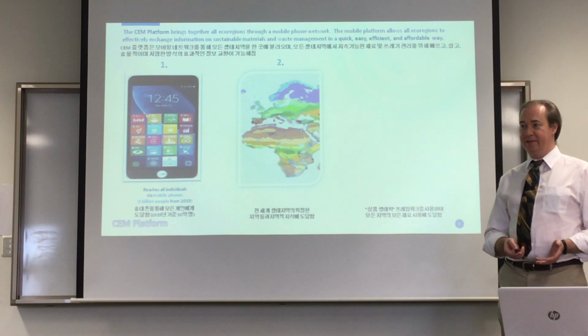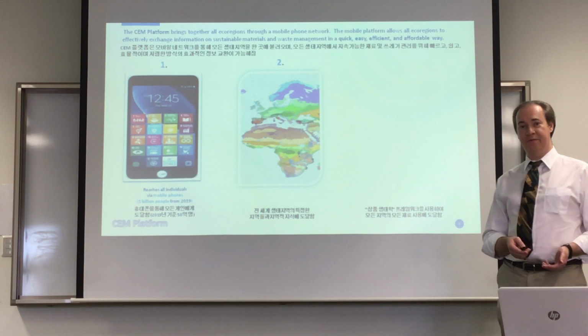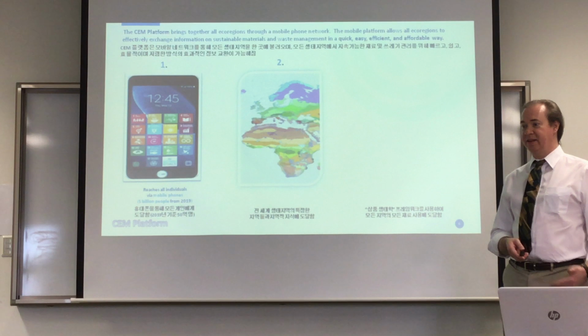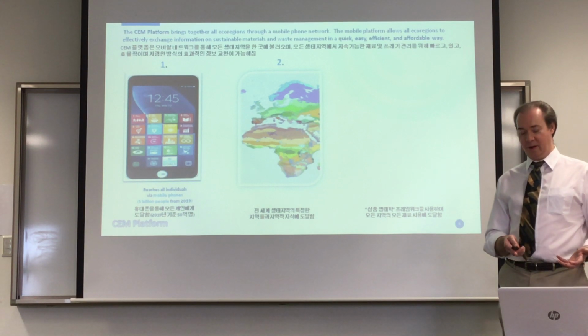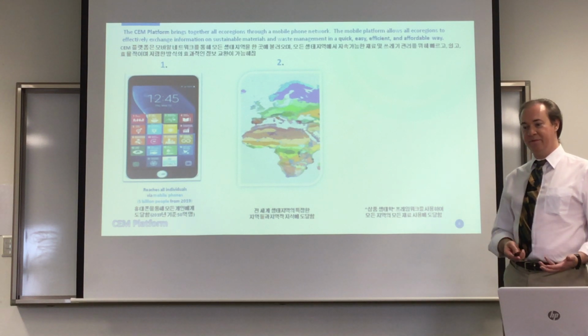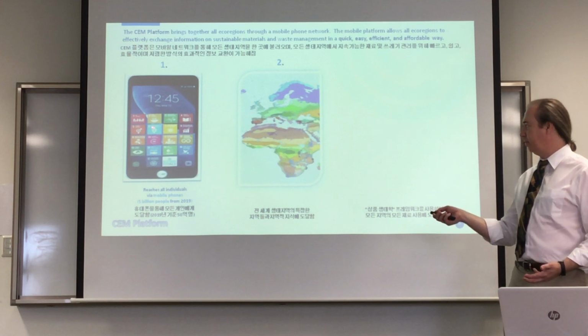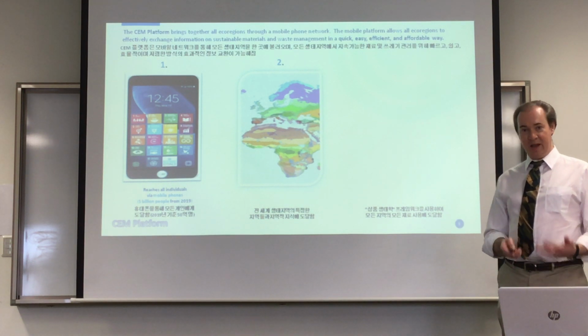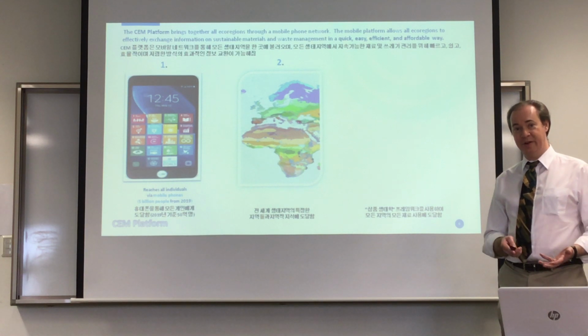As of, I believe, last year, over 1 billion mobile phones even exist within Africa. So the point is that greater digital parity is developing around the world, and this platform can facilitate people to use their mobile phones across all ecoregions, developed or less developed. Plus, what are they doing in each of those ecoregions?